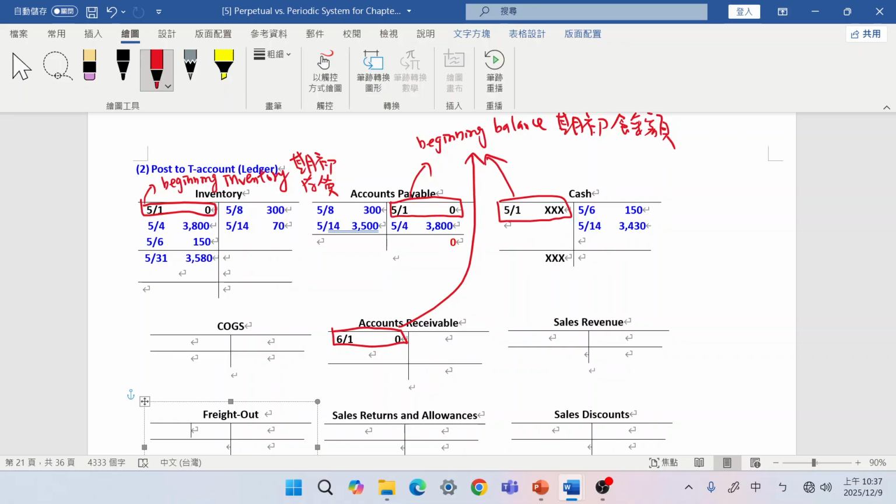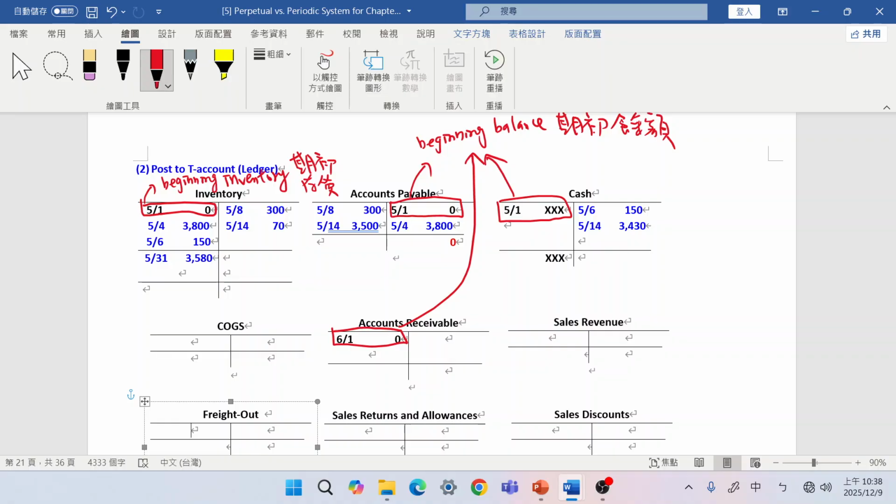For asset, liability, equities, their numbers are accumulated, right? So they will need the numbers from previous periods, okay? So here I just assume 0, but in most cases, the beginning balance is not 0. Maybe 100, maybe 200, maybe $5,000, okay?